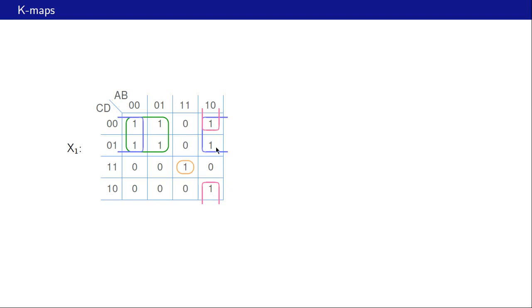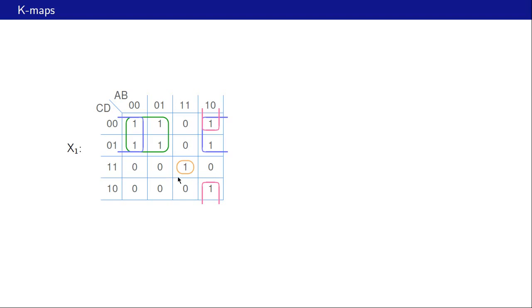This rectangle would have only 2 ones, and that will mean a product term with 3 variables, whereas this rectangle, the purple one, has 4 ones in it, and therefore that gives us a product term with 2 variables. So we save 1 variable in going from 2 ones to 4 ones.